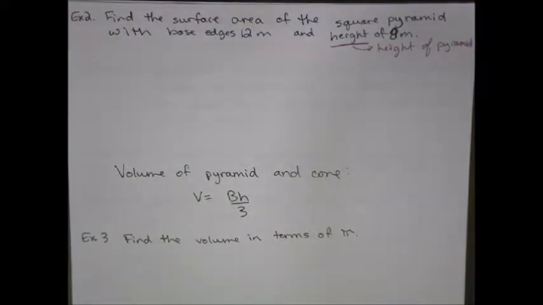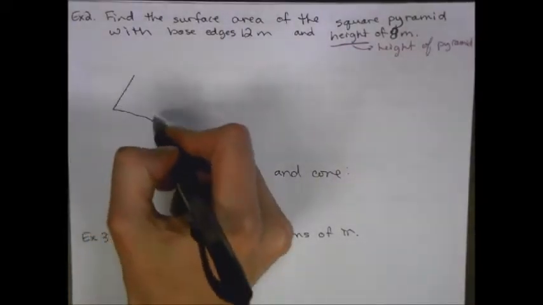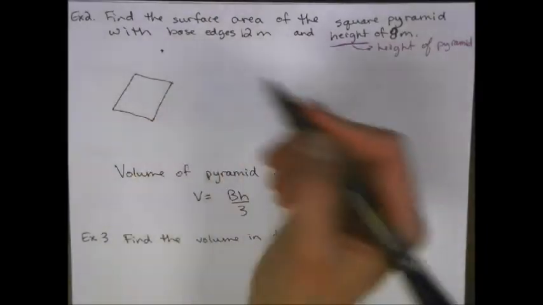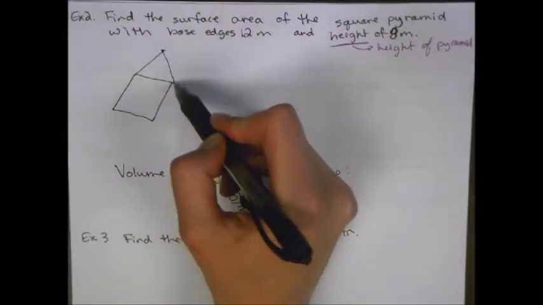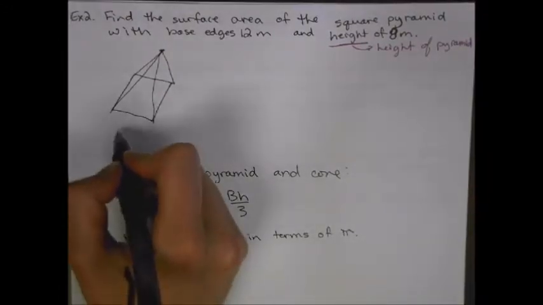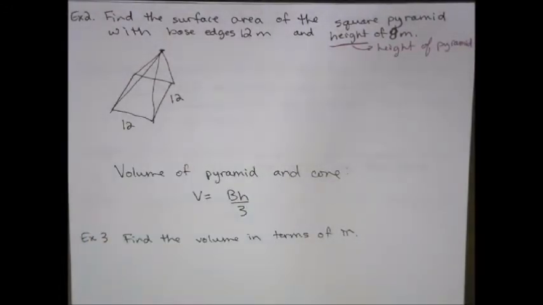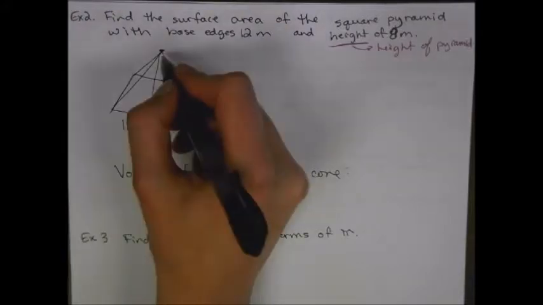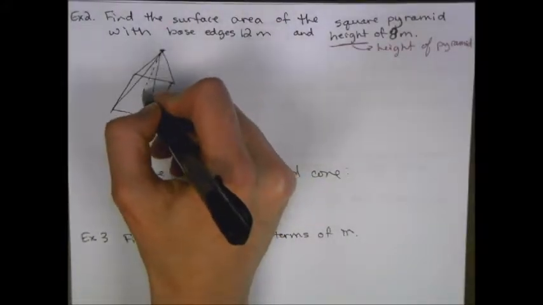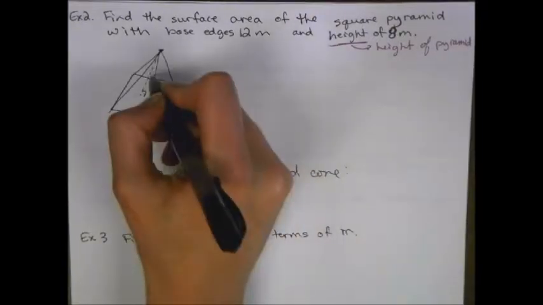Let's go ahead and draw this out. We have our square base. And with the pyramid, they all meet at a point. Our base edges are 12. And this time our height, remember height of the pyramid is from vertex to base, is 8.